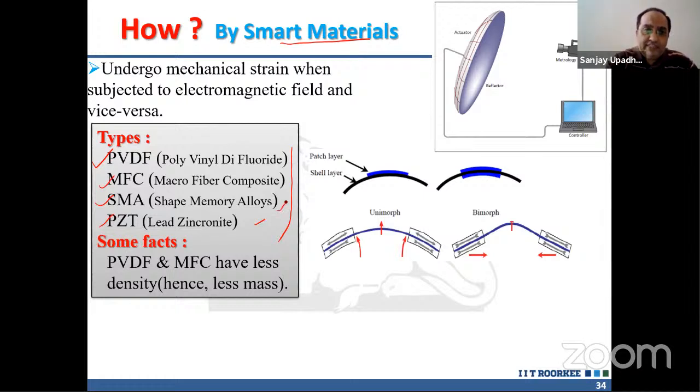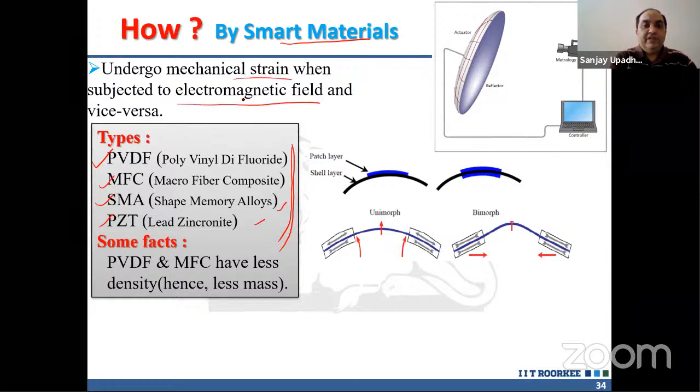Presently, we are utilizing shape memory alloy for the rigidization process. By trial and error, we are studying the use of shape memory alloy from a rigidizing point of view. It is going on. This is a very important material, used to control wrinkles, vibrations, and mechanical strain when subjected to an electromagnetic field, and vice versa.